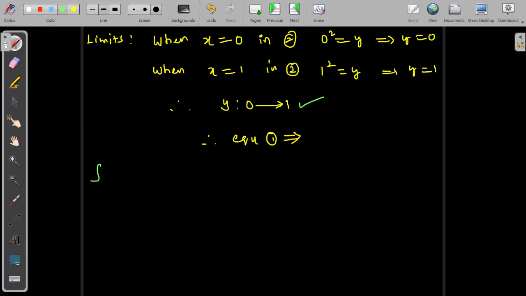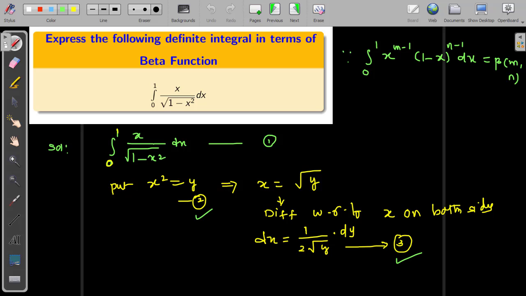The LHS of equation number 1, x equal to 0 to 1, is the question given: x by root of 1 minus x square dx. This equals the integration with y limits changing from 0 to 1. What is x? From this here, let us suppose this is equation number 1.